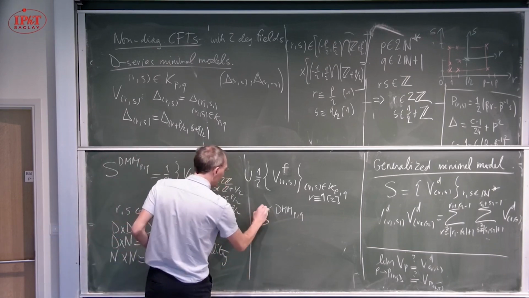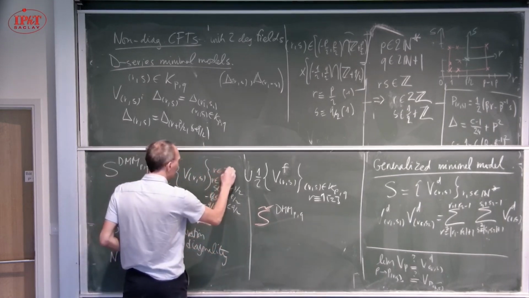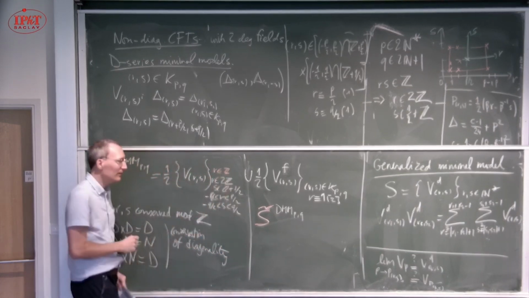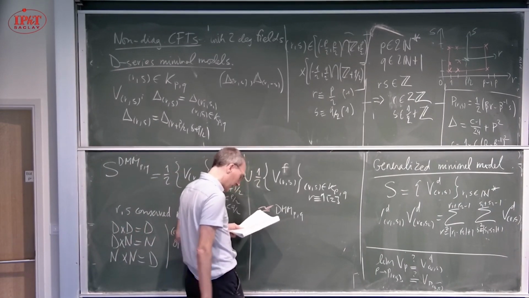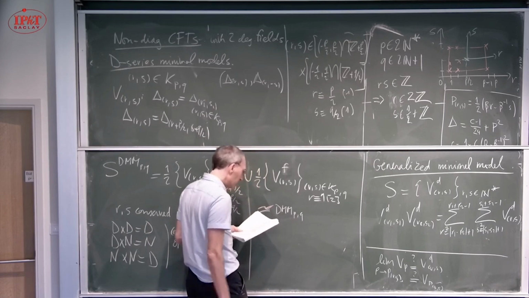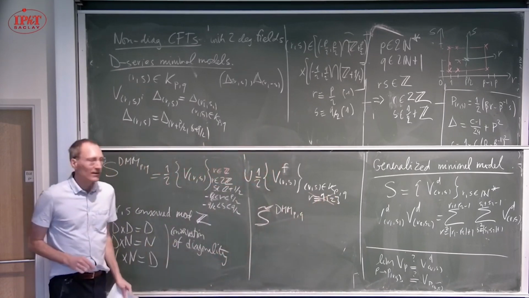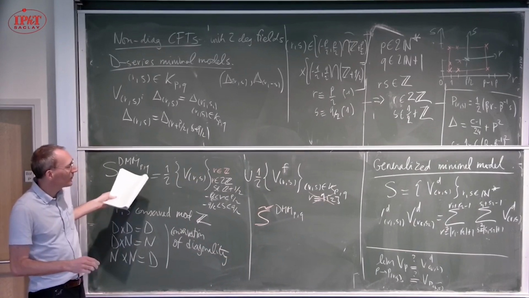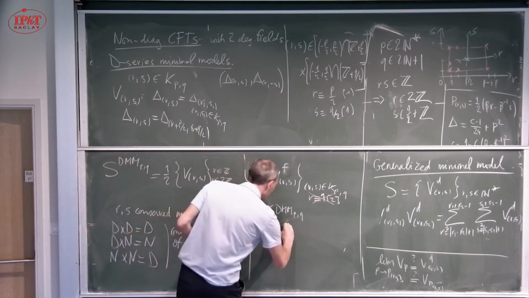So in the extended spectrum, you can take R to be just integer instead of having it even, and the S here, well, you wouldn't have this condition anymore in the extended spectrum. And then you get an extended model where the spins are half integer. So this is called the fermionic minimal model.